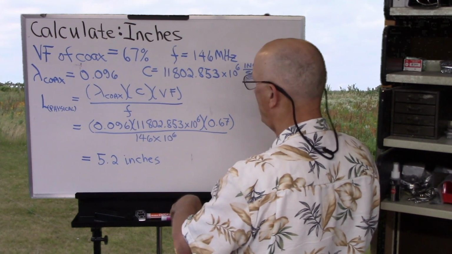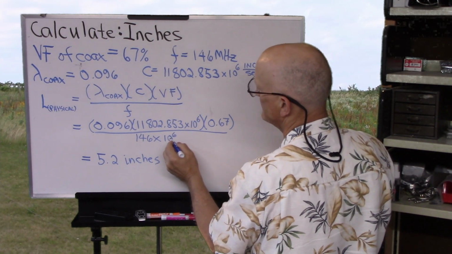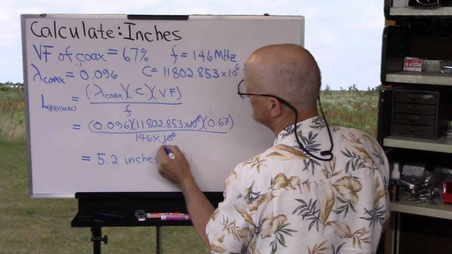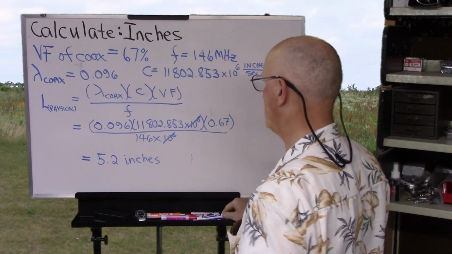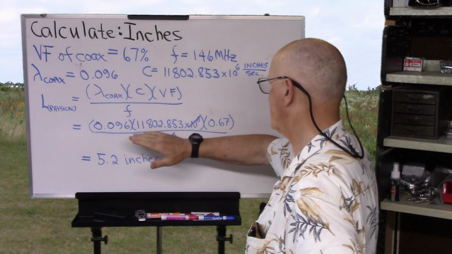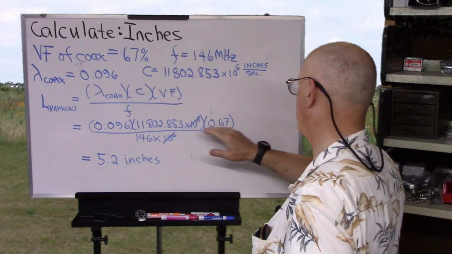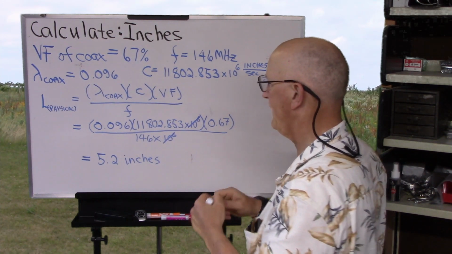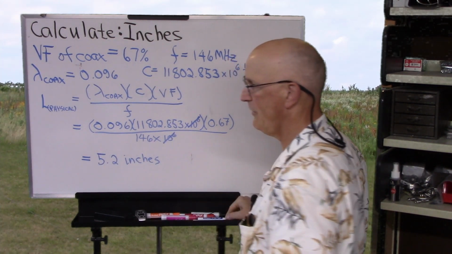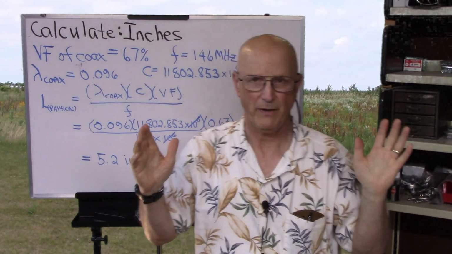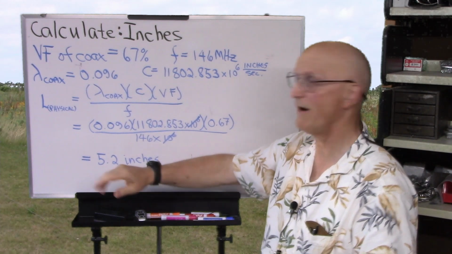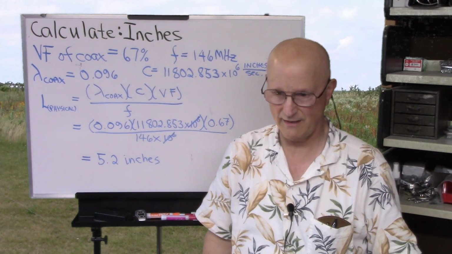Now, because we have a times 10 to the 6th on the bottom and a times 10 to the 6th on the top, we can just scratch those out, and we're just left with the 0.096 times the 11,000 number times the 0.67 divided by 146, and we get a physical length of our impedance transforming coax, our admittance transforming coax of 5.2 inches.